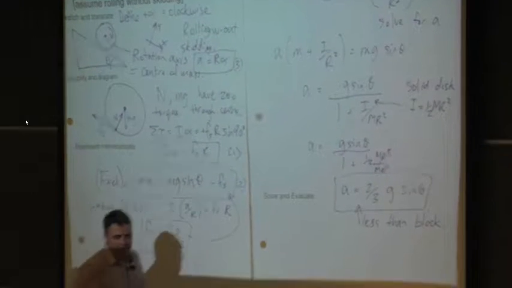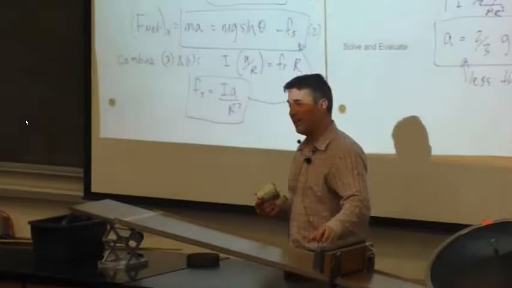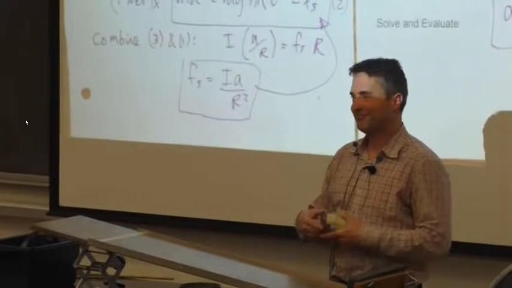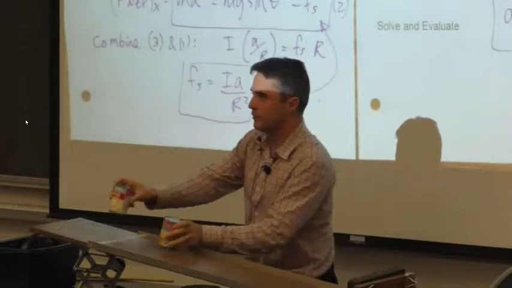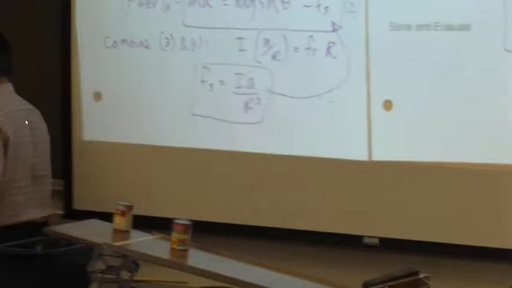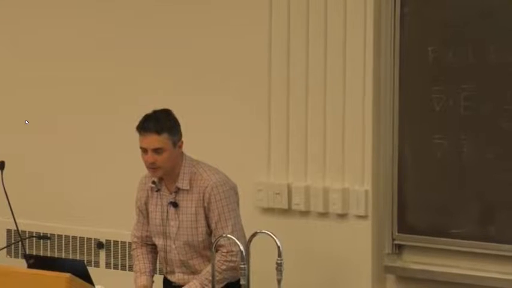And then the last thing I wanted to do was do a soup can race. Sort of out of time here, but I have chicken broth versus cream of mushroom soup. What's the difference between chicken broth and cream of mushroom soup, I guess, is my question.